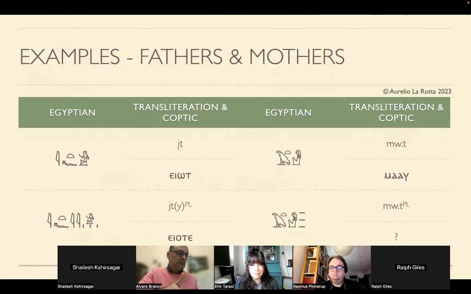Let's do a couple more examples. Here I have the words for father and mother. So father is it, or yod in Coptic. Plural is, well, maybe iti, because you see that double reed leaf at the end in some spellings. Pronounced in Coptic, at least in Sahidic, it's yote, short omicron.